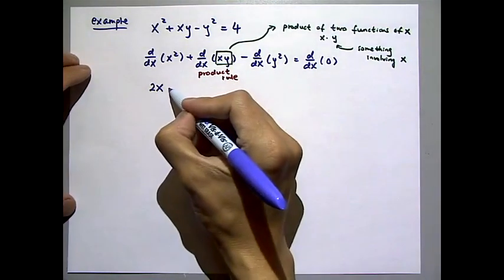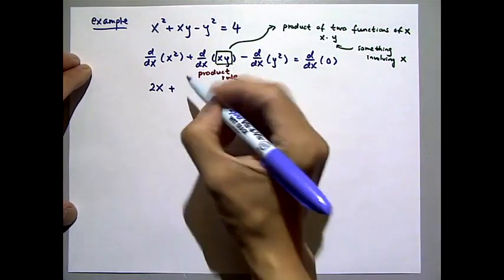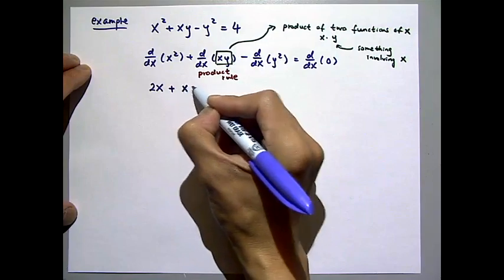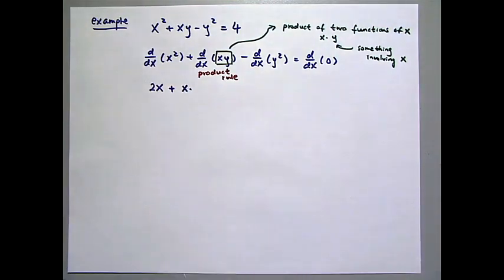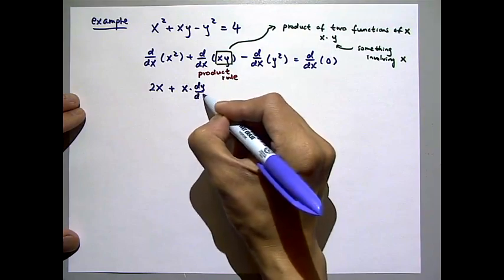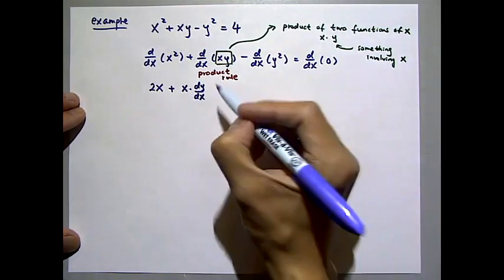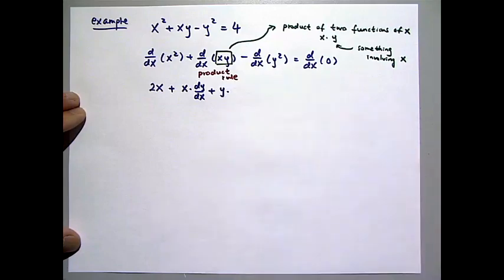So we get, here we go, first times the derivative of the second. What's the derivative of y? dy/dx. Yeah, exactly. We don't know what it is, but we know its derivative by definition is dy/dx. Plus the second times the derivative of the first.